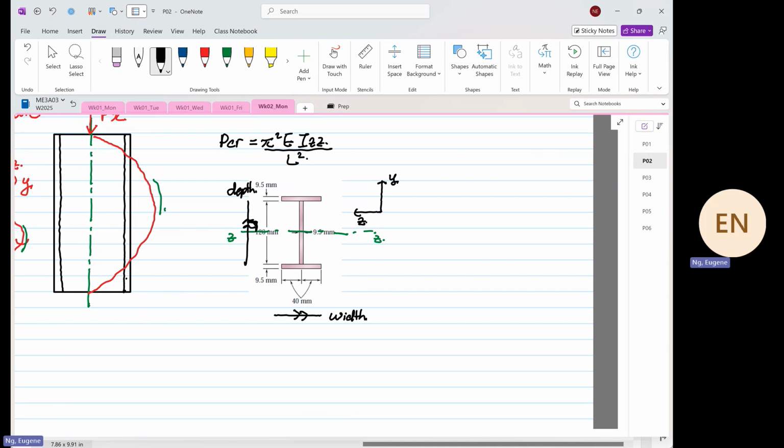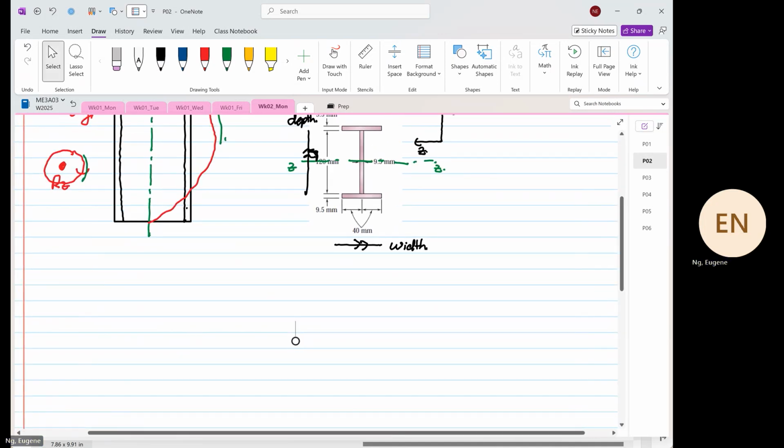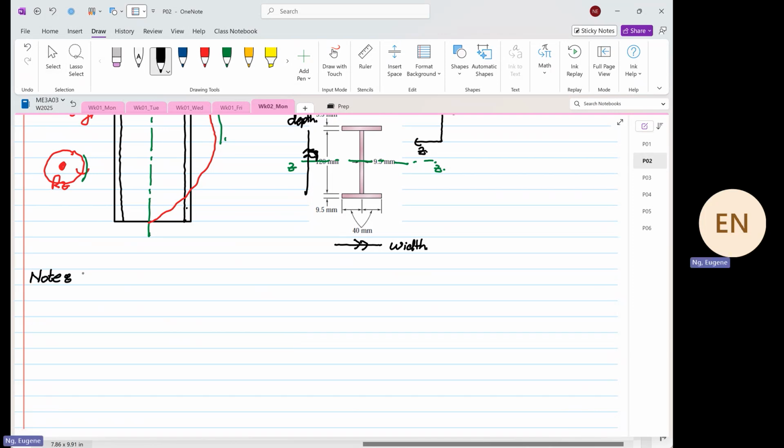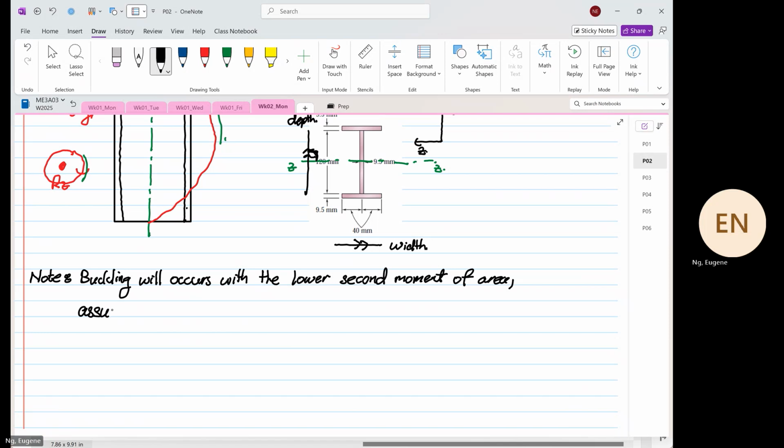So when that's the case, note: buckling will occur with the lower second moment of area, assuming the end conditions are the same.